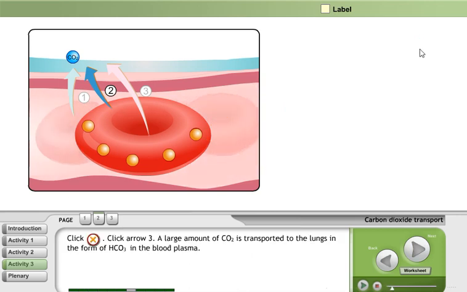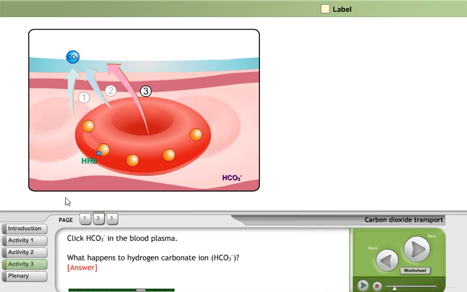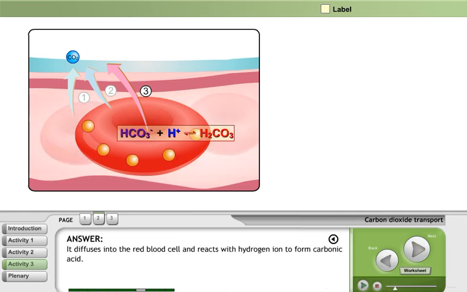Click Close button. Click arrow 3. A large amount of carbon dioxide is transported to the lungs in the form of hydrogen carbonate ion in the blood plasma. Click hydrogen carbonate ion in the blood plasma. What happens to the hydrogen carbonate ion? Answer: it diffuses into the red blood cell and reacts with hydrogen ion to form carbonic acid.